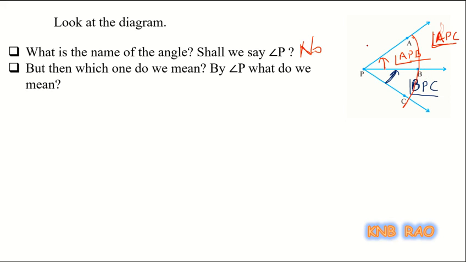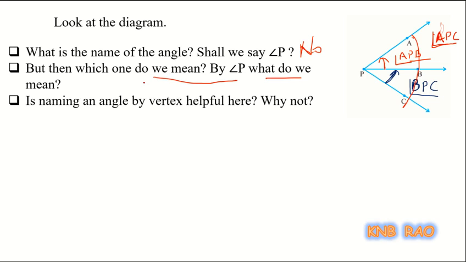But then which one do we mean by angle P? Is naming an angle by vertex helpful here?